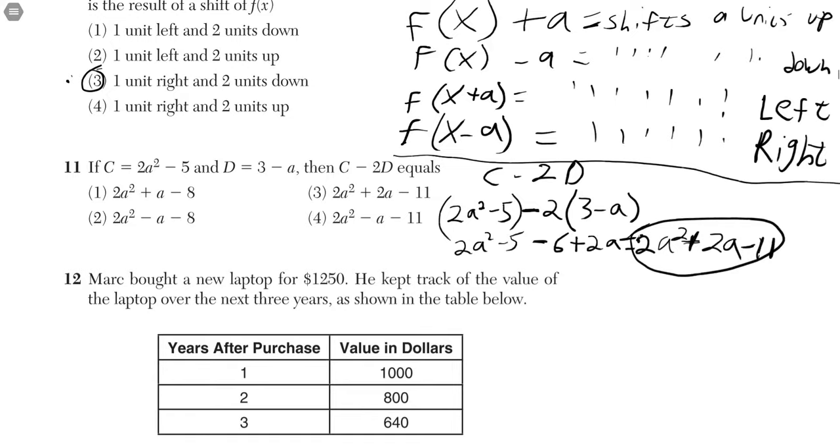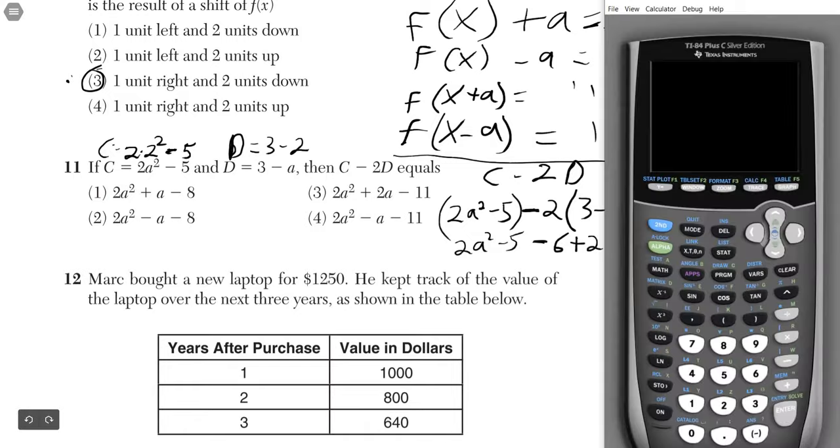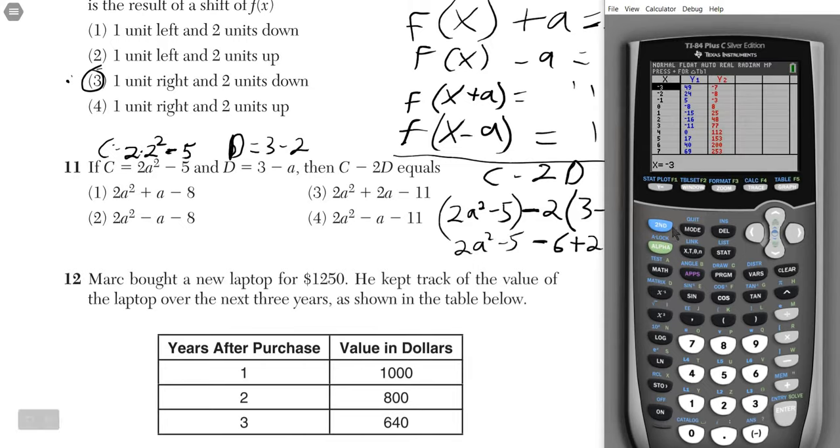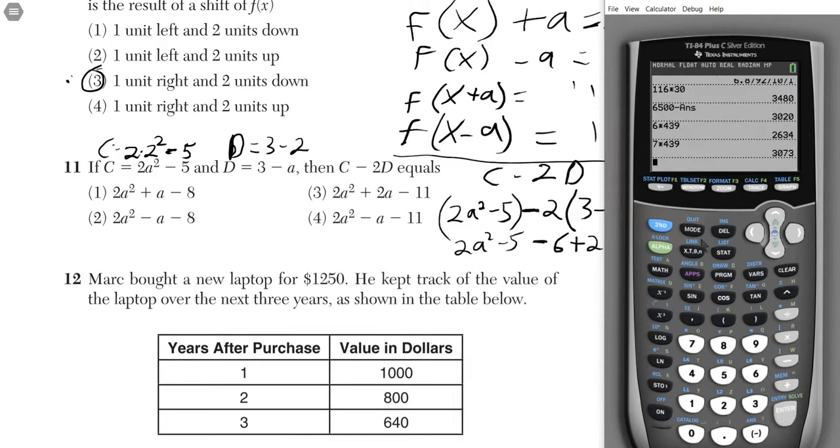If a equals 2, then c will equal 2 times 2 squared minus 5, and d will equal 3 minus 2. 2 times 2 squared, that's 8.